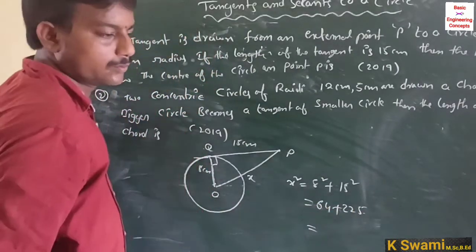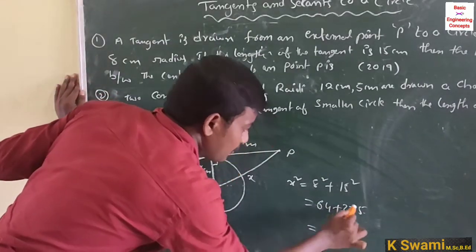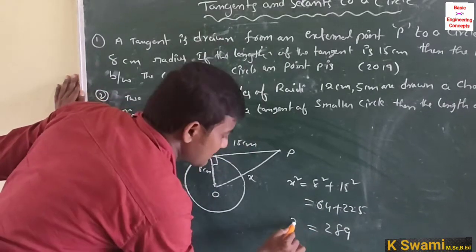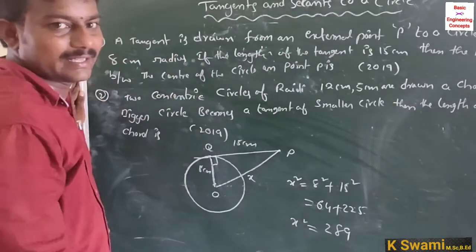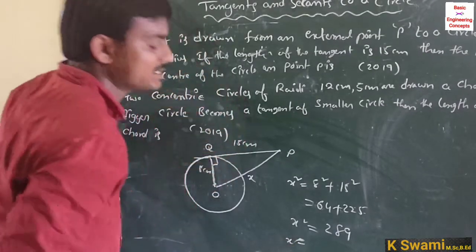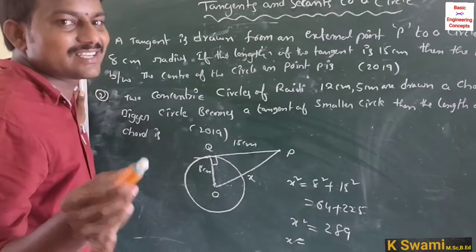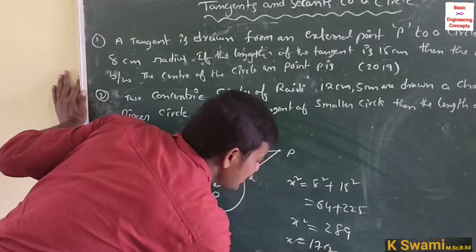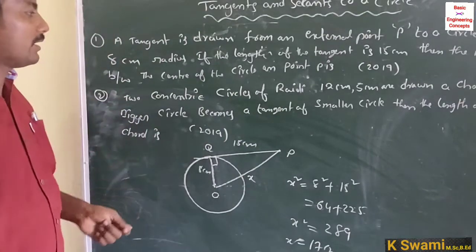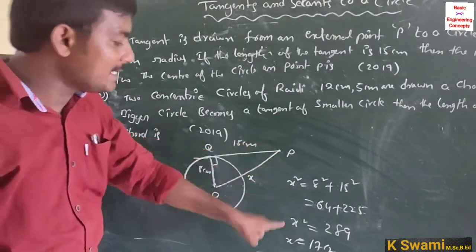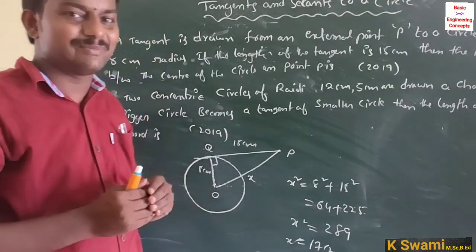So x square is equal to 289, and 17 square is equal to 289. So x is equal to 17 centimeters. So the distance from the origin to the external point P is equal to 17 centimeters.